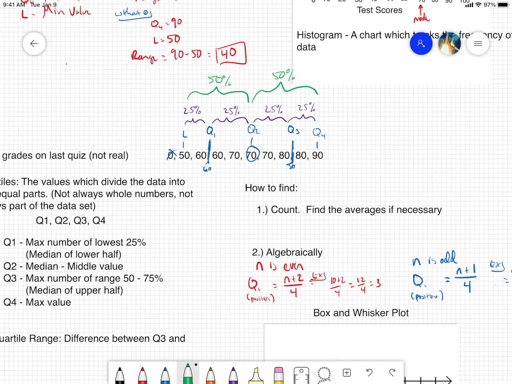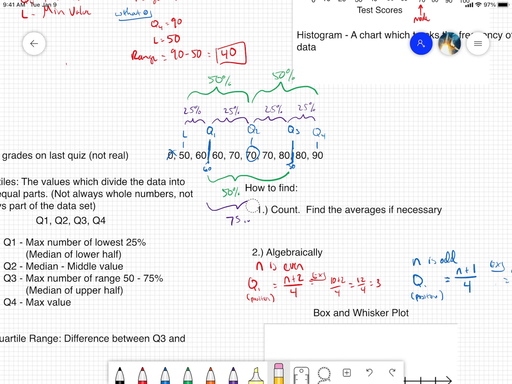But even more, if I look at from Q1 to Q3, what percent of my data is that? It's 50%. Okay? But if I also looked at, let's say, Q1 to Q4, in this case it would be 75%. Okay? So just looking between those points tells me where a lot of my data is.